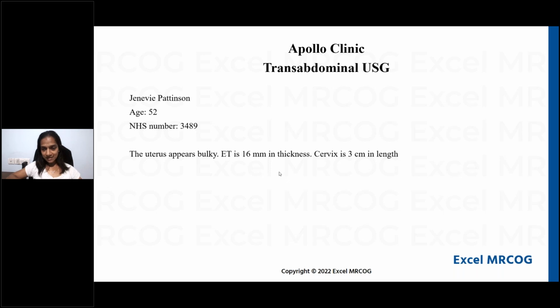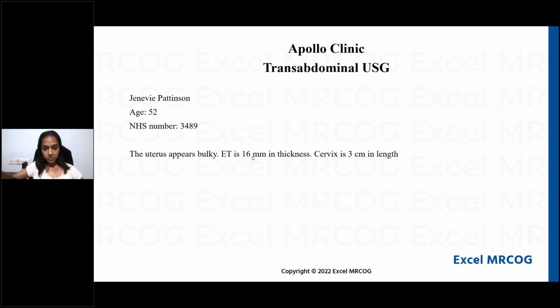Second possibility, yes, there could be a possibility of endometrial cancer because endometrial thickness is 16 millimeter, which is very thick. Okay. The third possibility is that sometimes a polyp, not a fibroid, an endometrial polyp, appears like thickened endometrium. Okay, so it may be an endometrial polyp as well. And the other possibility is, because of unopposed estrogen, cystic endometrial hyperplasia, which again is a type of endometrial hyperplasia with cystic spaces. So that is another possibility.